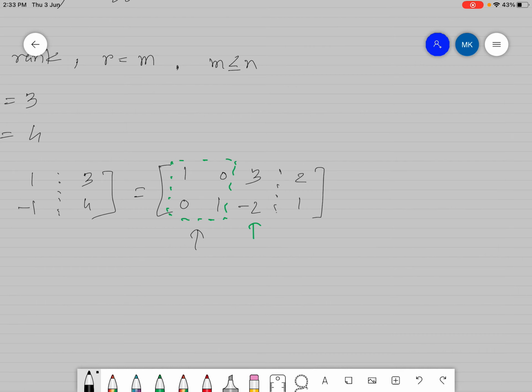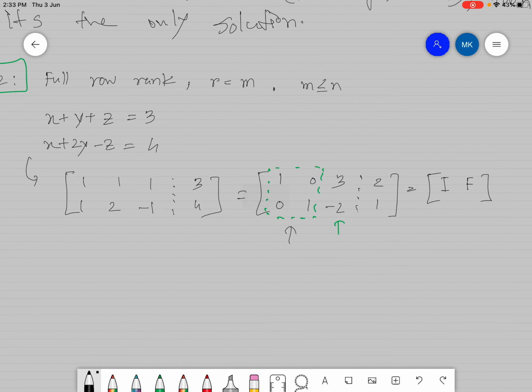Okay, so you can write this as I if. Now there are some points here. As you can see, I have solved the solution here.